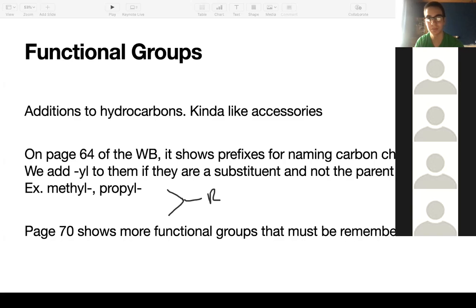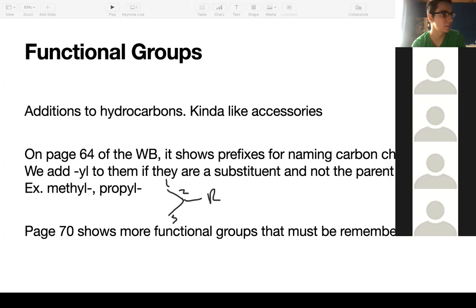Iso. Isopropyl. So iso meaning the same on either side. And there's 1, 2, 3 propyl. So this is called isopropyl, and that's that functional group.